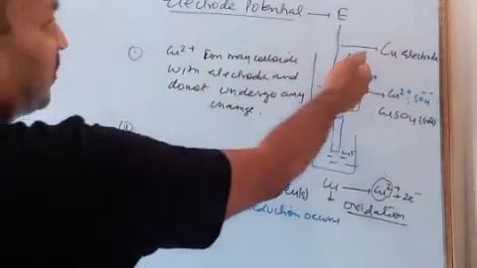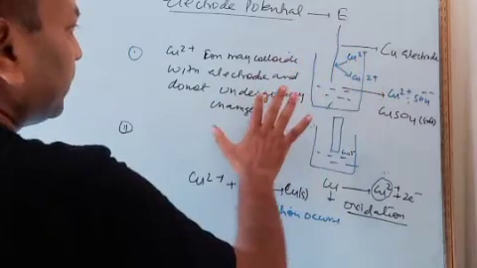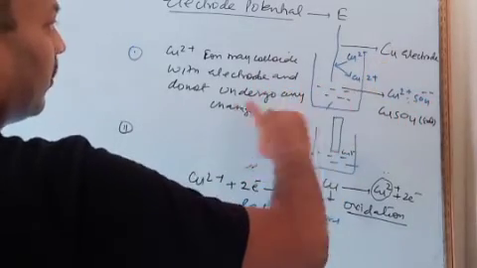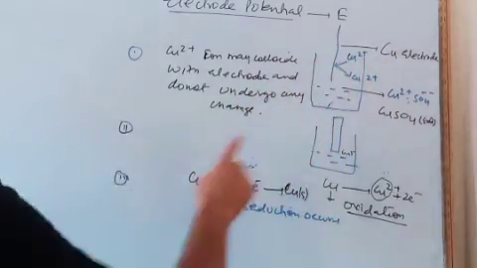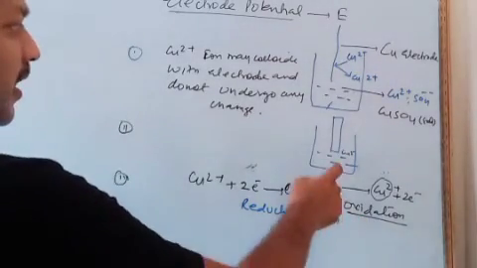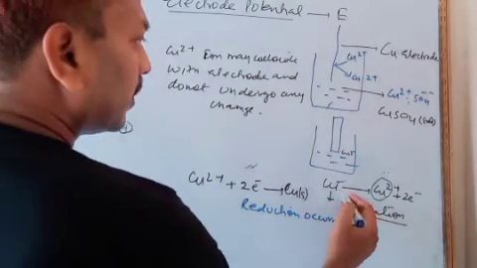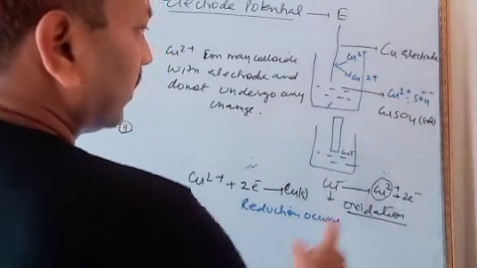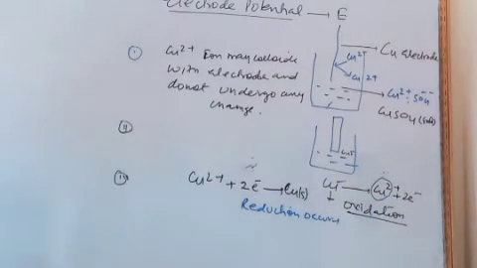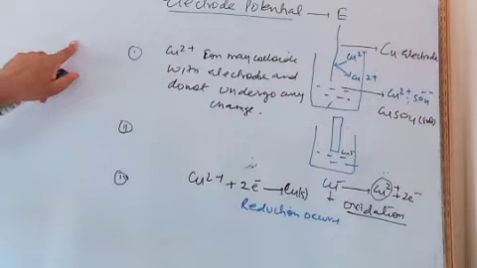Number one, the copper ions may collide, and after collision there is no chemical change. The second is oxidation: copper metal loses electrons and gets converted into copper ion. Like this, three possibilities take place.